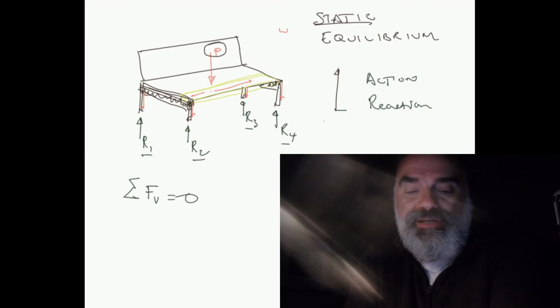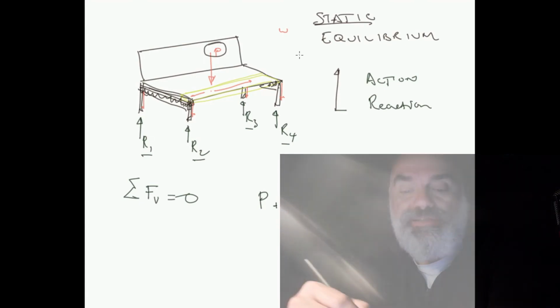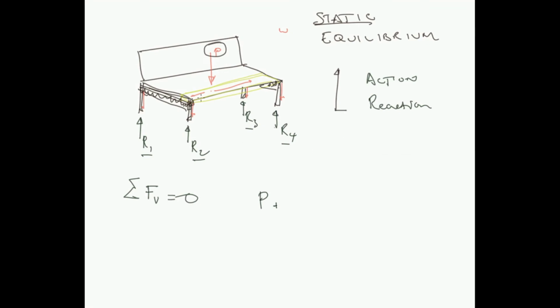Okay, so basically what's that saying? That in this case our P plus, all these are forces that have a component in the vertical direction. In fact, all those forces are only acting in the vertical direction. There are 3 directions: horizontal, vertical.